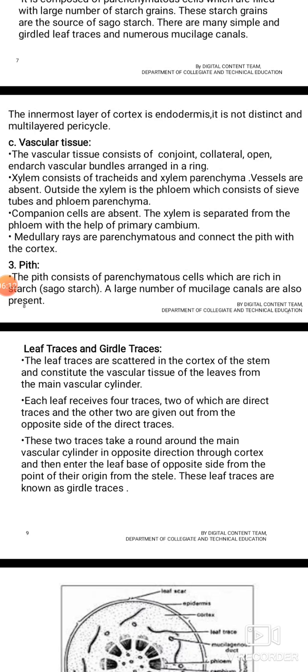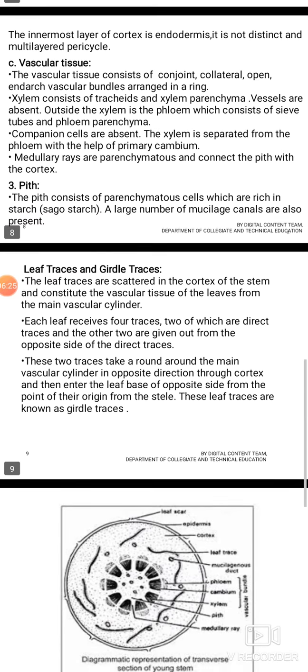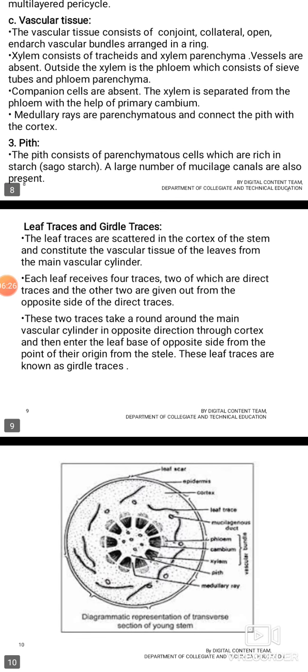These 2 traces take a round around the main vascular cylinder in opposite direction through cortex and then enter the leaf base of opposite side from the point of their origin from the stem. These leaf traces are also known as girdle traces.